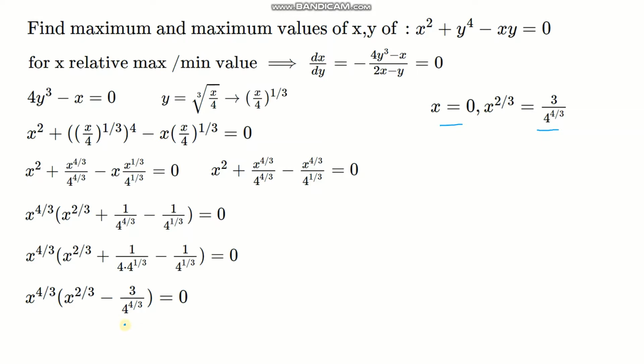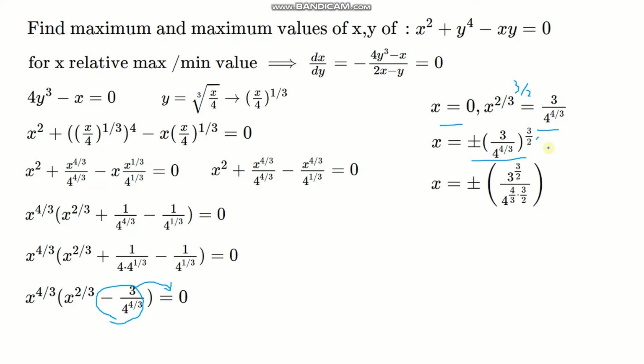By transferring 3 over 4 to the 4 over 3 to the right hand side, now multiply both exponents by 3 over 2. It's plus or minus because it involves the square root. So x equals plus or minus (3 over 4 to the 4 over 3) all to the 3 over 2.